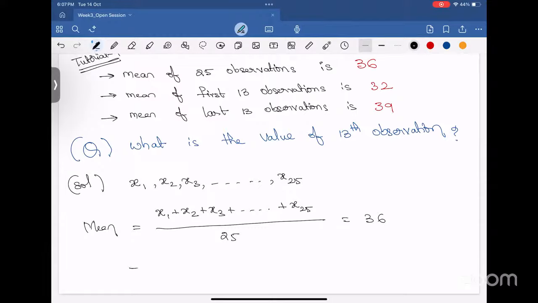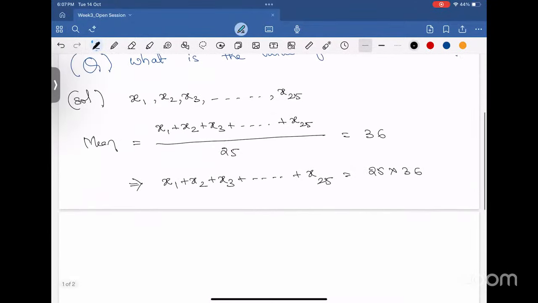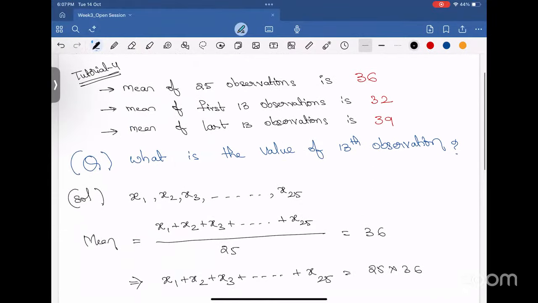From here, I can get the sum of all the observations, which is 25 times 36. Just keep this aside. So this is one. And we also have other information.